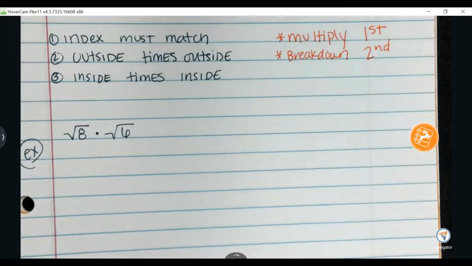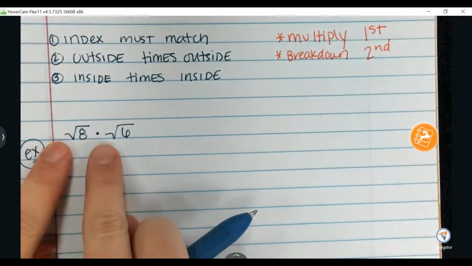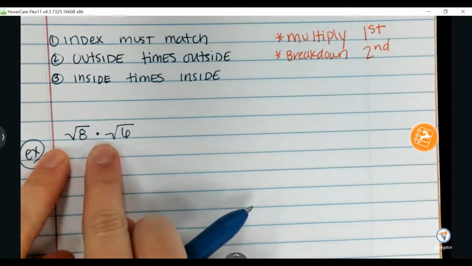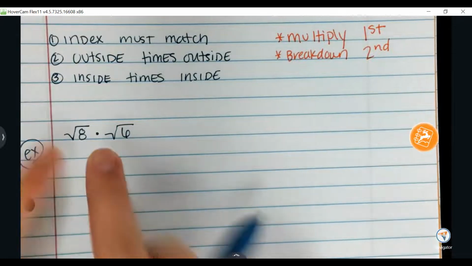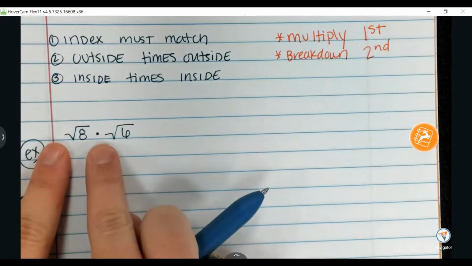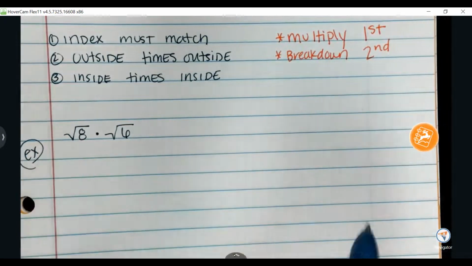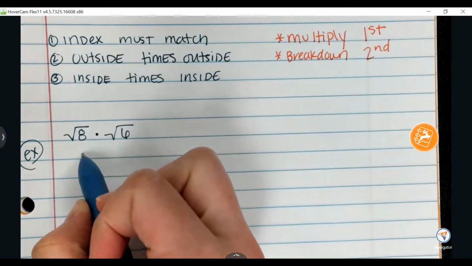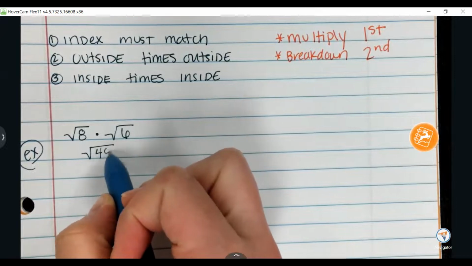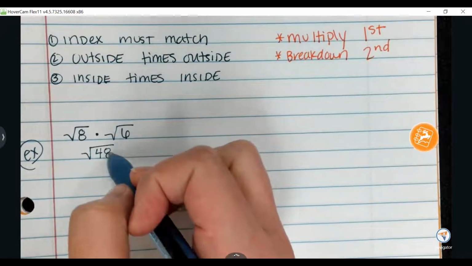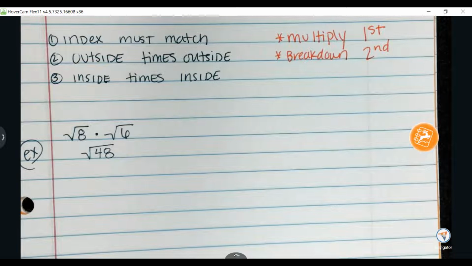Now we can multiply outside with outside. Do either one of these have an outside number? They do, but it's not written. What is it? A 1, but 1s don't really matter. Inside with inside. So what is 8 times 6? So I have the square root of 48. And now I can break it down.